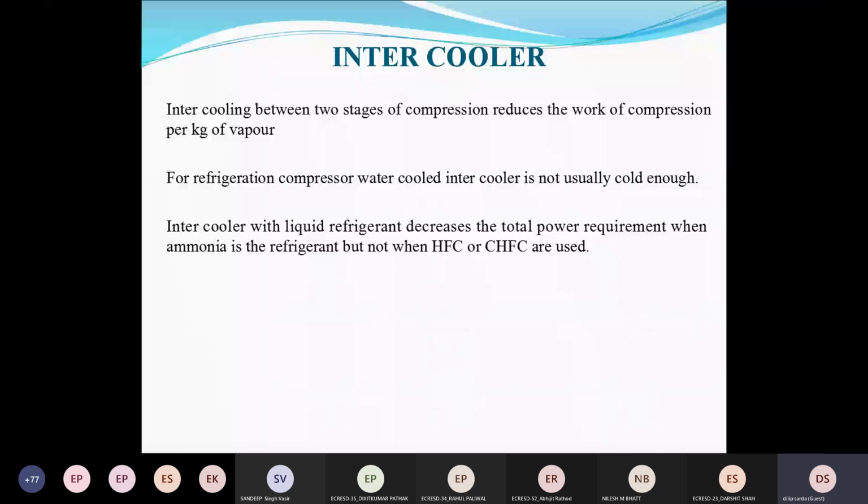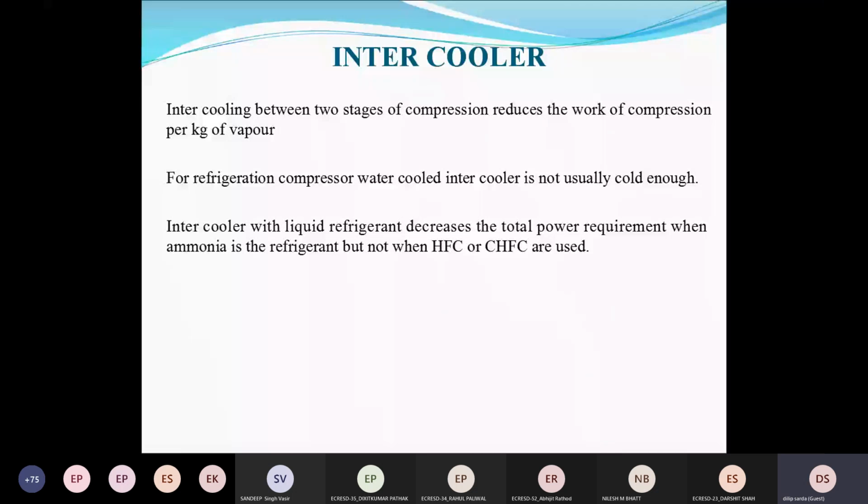Now, intercooler. Let me now explain the function of the intercooler. Intercooling between the two stages of compression reduces the work of compression per kg of vapor, because we are removing the superheat of the first stage discharge gas and bringing it to saturated temperature and pressure. That's why it reduces the volume, and that increases our efficiency.